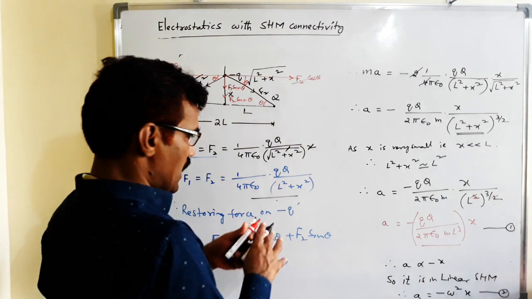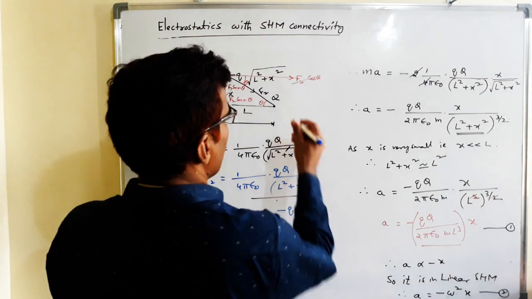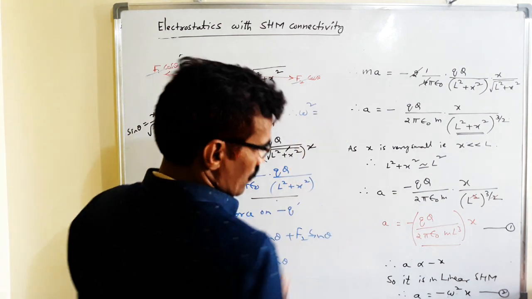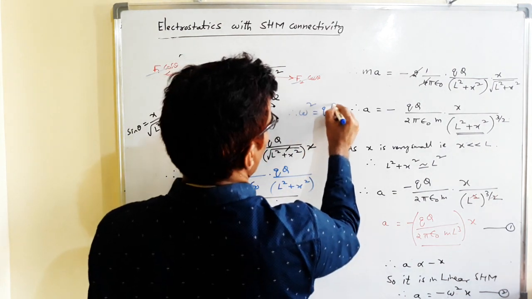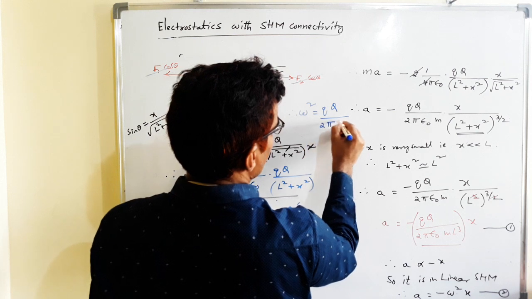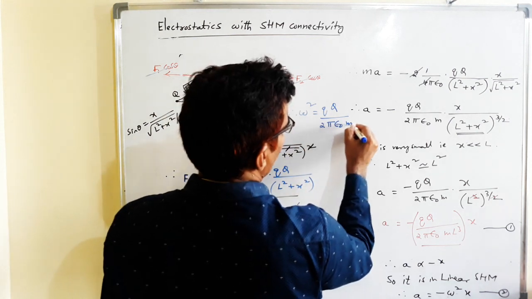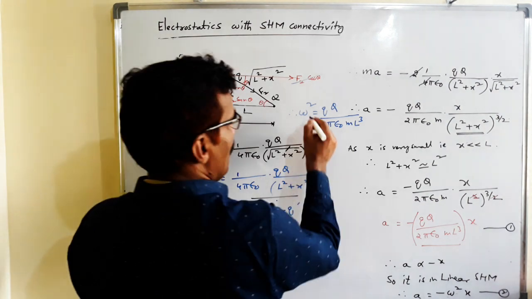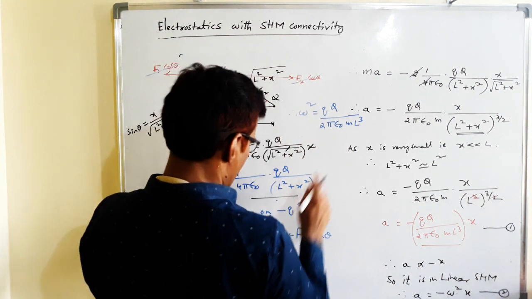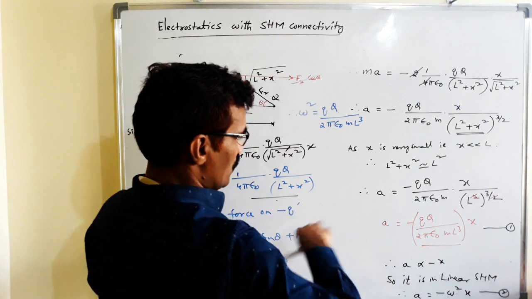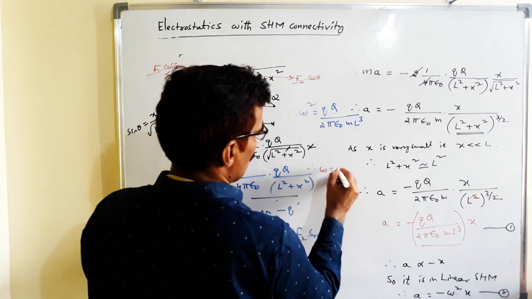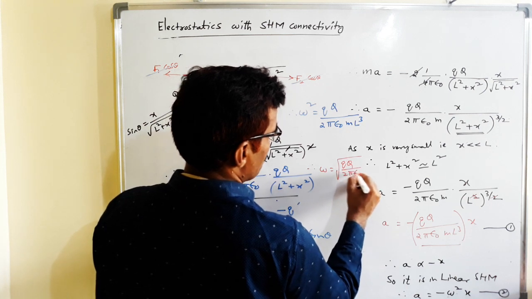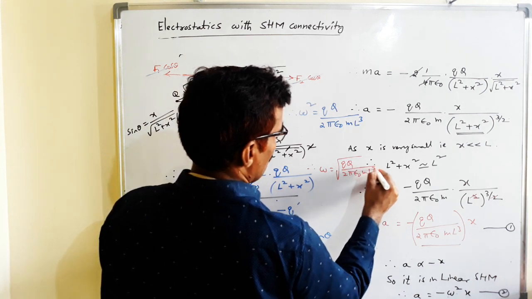Therefore here omega square is equal to QQ by 2 pi epsilon naught m L cube. What do we want? We want angular velocity omega. Therefore omega is equal to root over QQ by 2 pi epsilon naught m L cube.